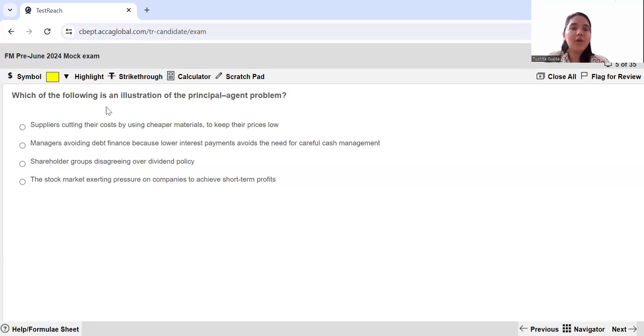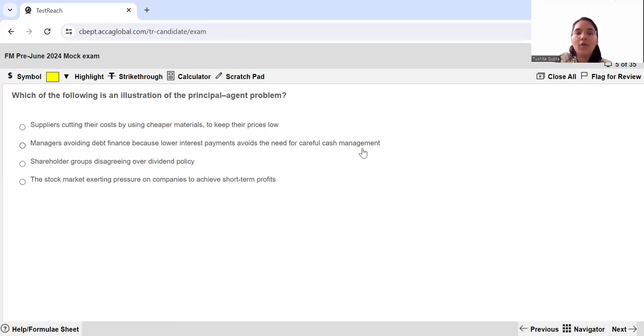Moving ahead, which of the following is an illustration of the principal agent problem? Let's read. Suppliers cutting their costs by using cheaper materials to keep their prices low. Not really. Managers avoiding debt finance because lower interest payments avoid the need for careful cash management. This is absolutely correct. The agent over here is nothing but the managers or the directors who run the company, and the principal over here are your shareholders.